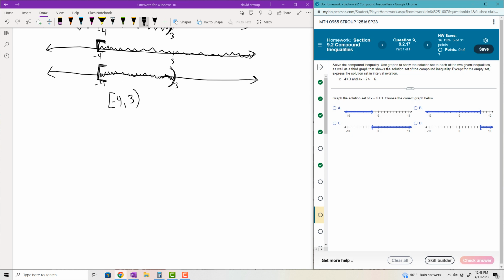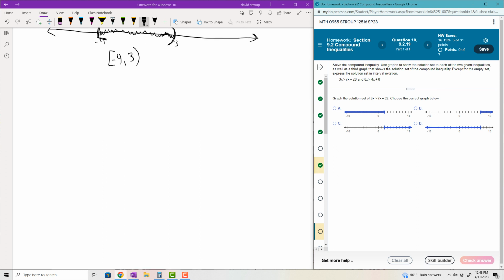Then the only thing is they start making it more and more complicated with your inequalities, so you've got a bit of work to do before you can actually graph the thing, right? So number 10, I guess, 3x is greater than 7x minus 28, and then the other inequality, 8x greater than 4x plus 8.